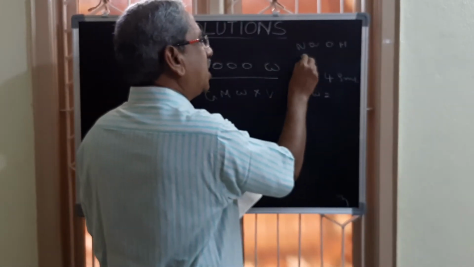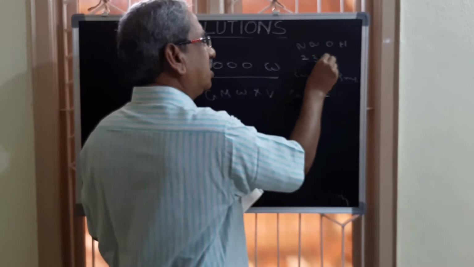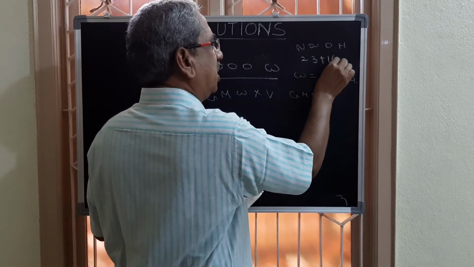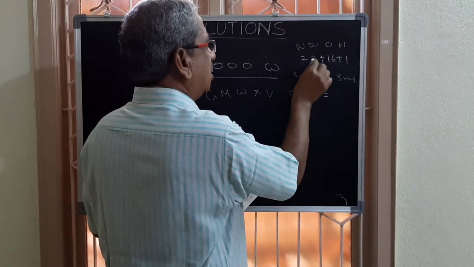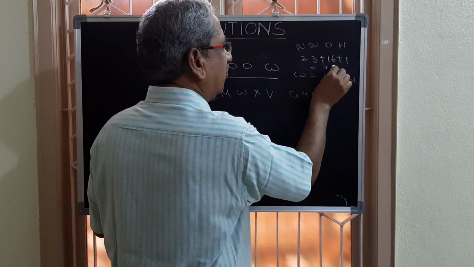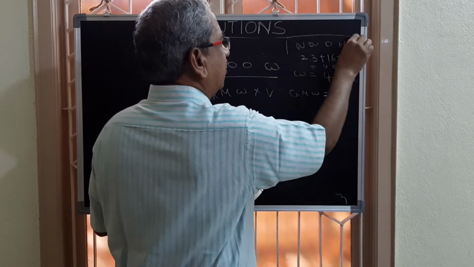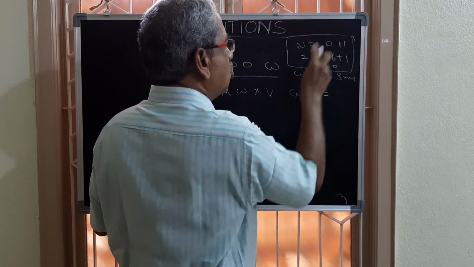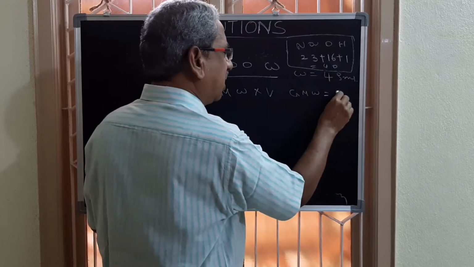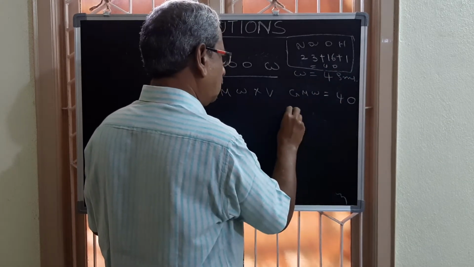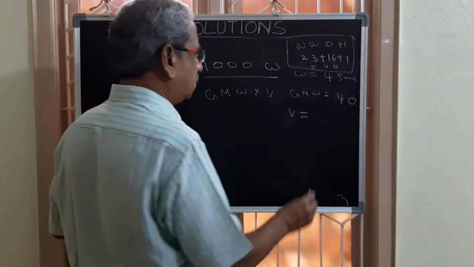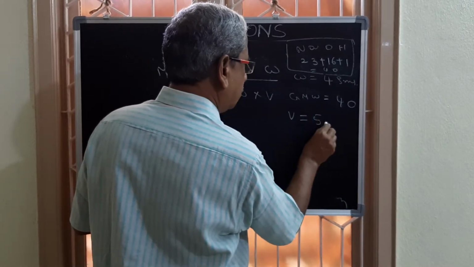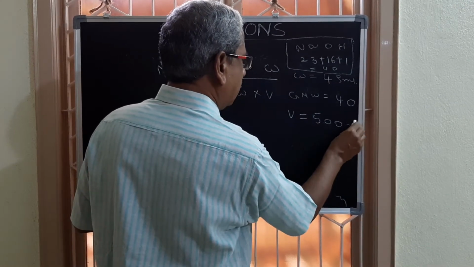The atomic weight of sodium is 23 plus oxygen is 16 and hydrogen is 1. Therefore, total 40. Therefore, the molar mass of NaOH is 40. V is equal to volume of solution in milliliters, that is equal to 500 ml.